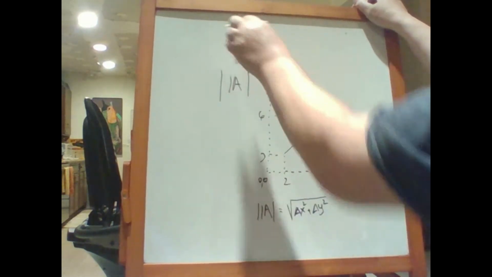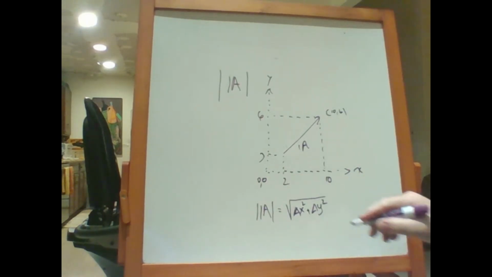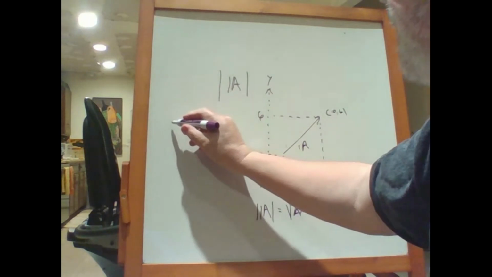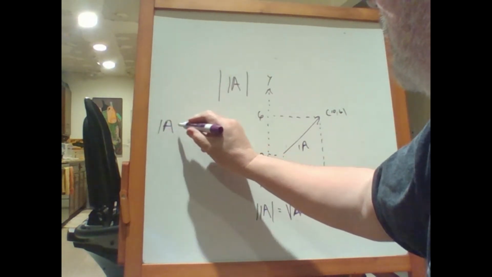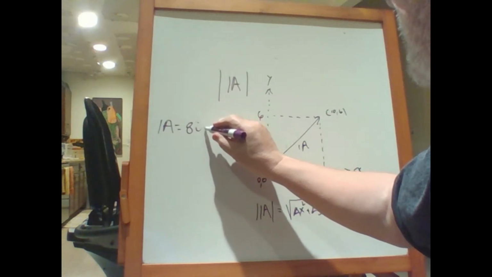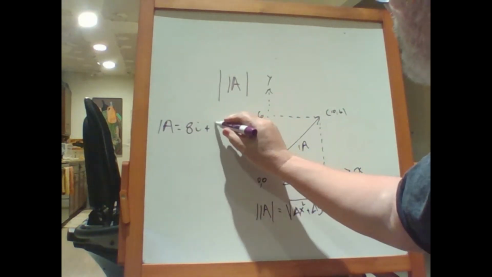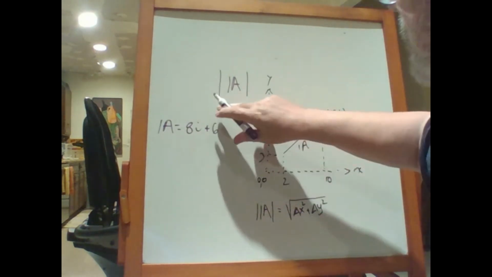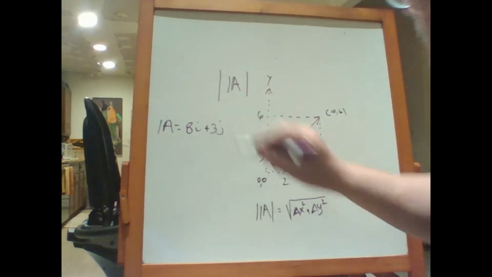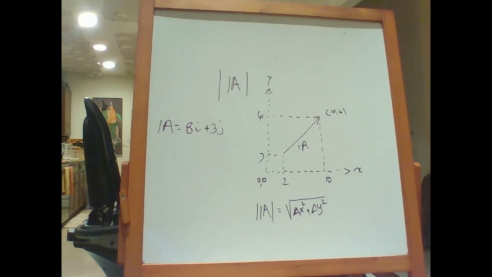Now, what do we mean by the magnitude? We have the vector A equals 8i plus 3j. We want to know the magnitude.